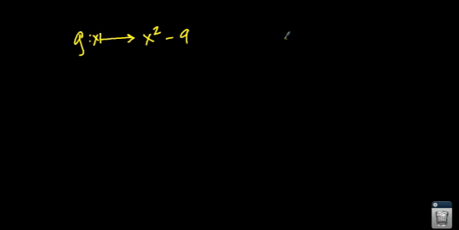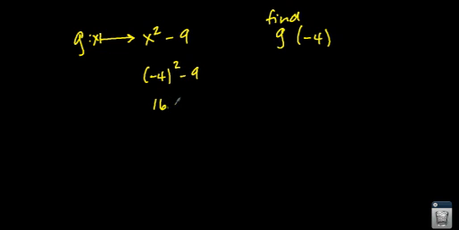So basically, if I asked you to find g of negative 4, what you would notice is negative 4 squared minus 9 is 16 minus 9, which gives me 7. And I could say that g of negative 4 equals 7. Pretty much the same idea.